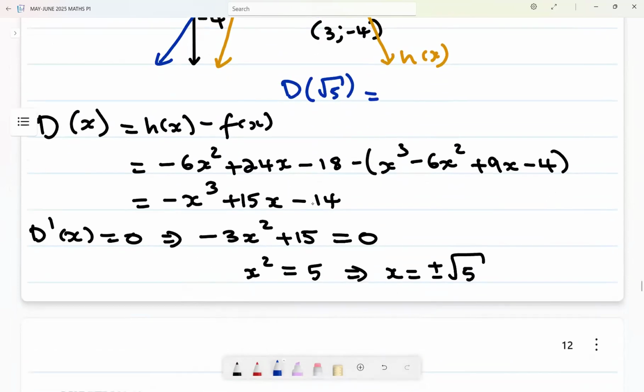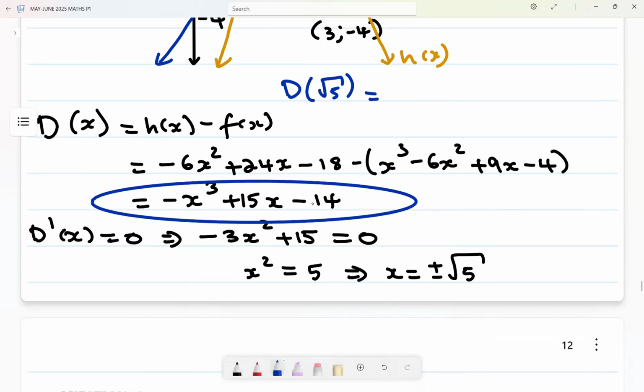So d of square root of 5, I come to this equation here. I say negative square root of 5 cubed plus 15 square root of 5 minus 14. Oh, and see how much you get, guys. I don't think it's a beautiful number.